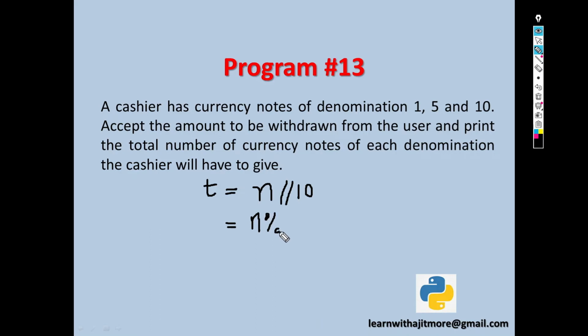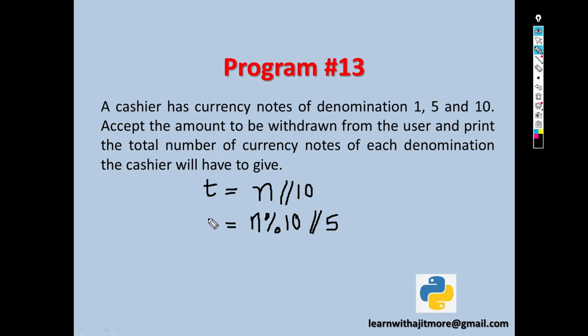Okay. Now what you do is, take the remainder of n modulo 10. N mod 10. Okay? Now whatever remainder you get after dividing by 10, like for example, if it is 78, so 78 mod 10, the remainder is 8. Whatever remainder you get, divide by 5. Okay guys?